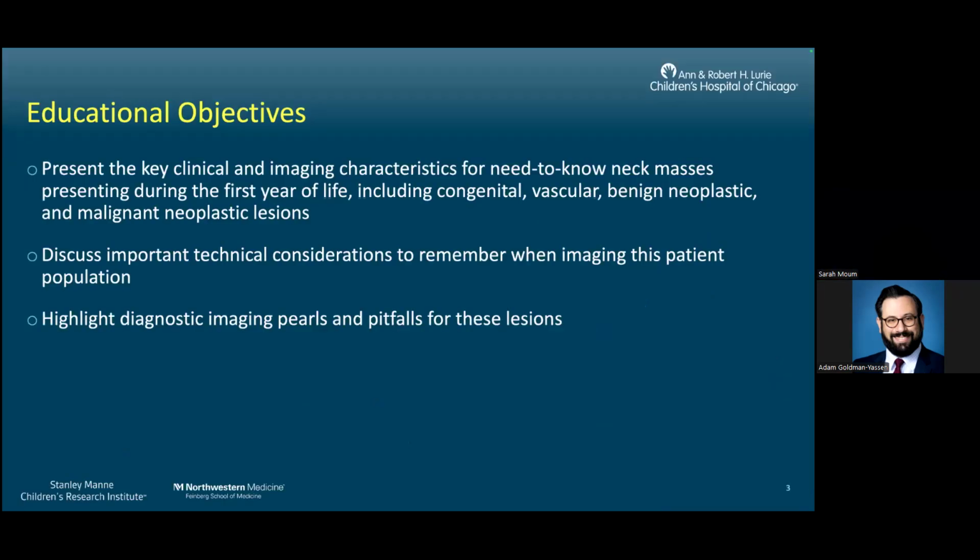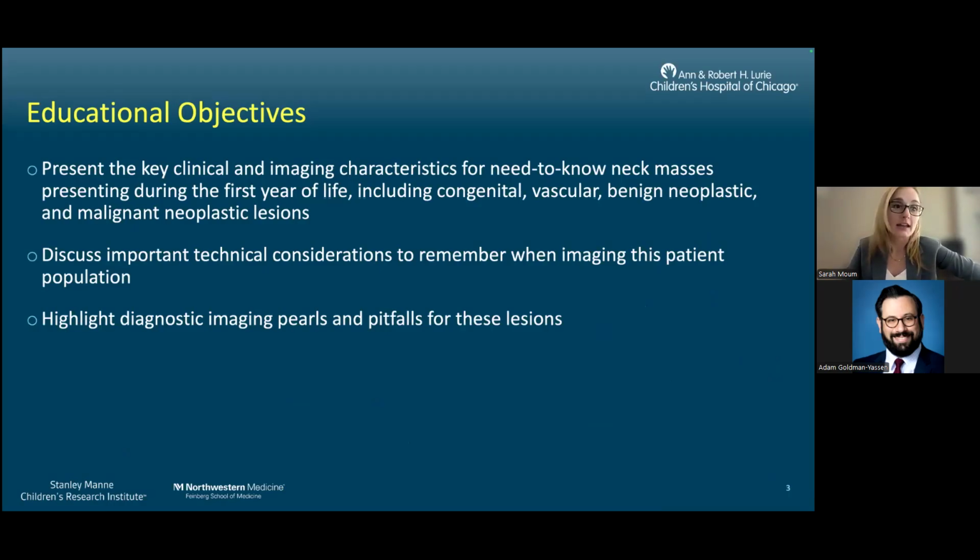All right, so our objectives for today: I'll present the key clinical and imaging characteristics for need-to-know neck masses that present during the first year of life. I'll be dividing these into congenital, vascular, benign neoplastic, and malignant neoplastic lesions. As part of this discussion, I'm going to include important technical considerations to remember when imaging this patient population.